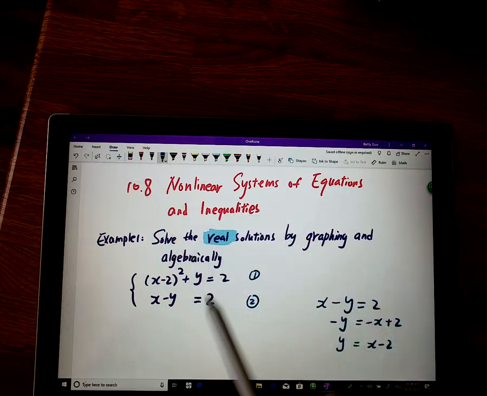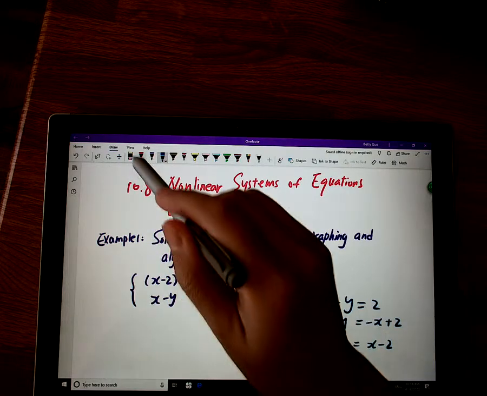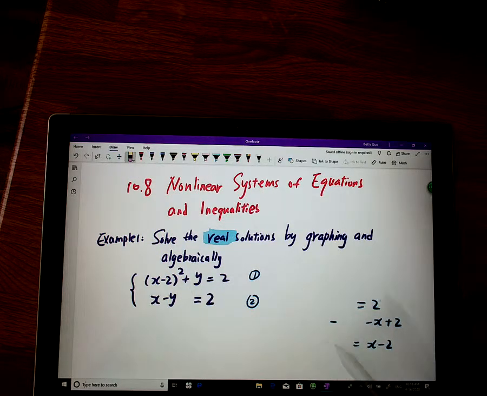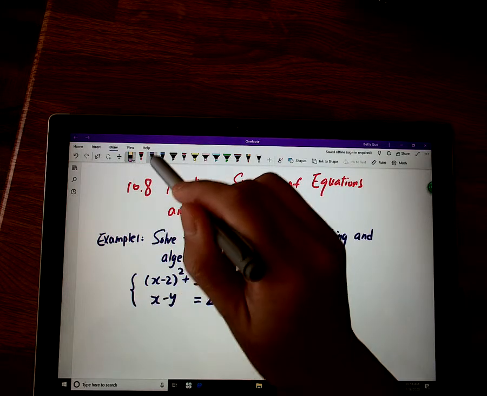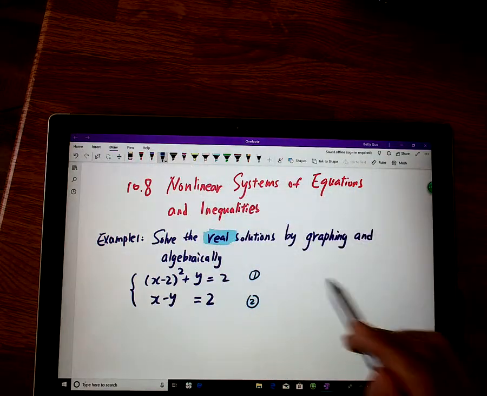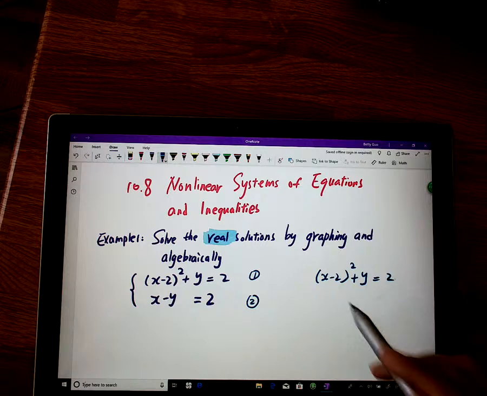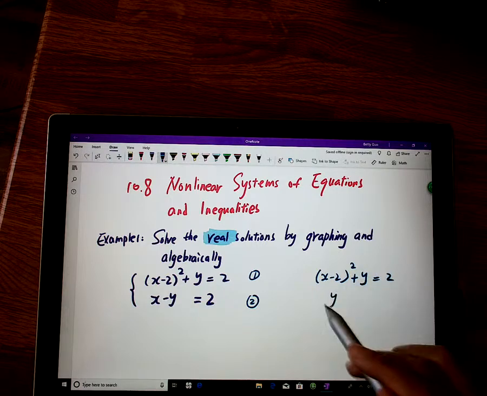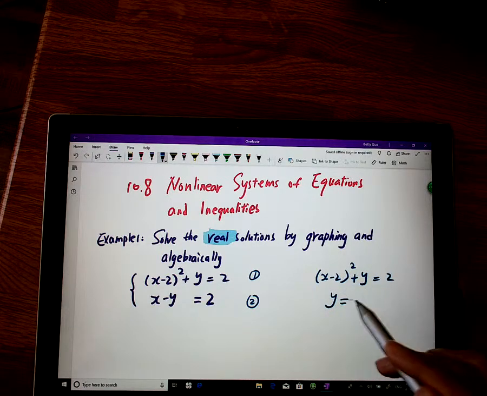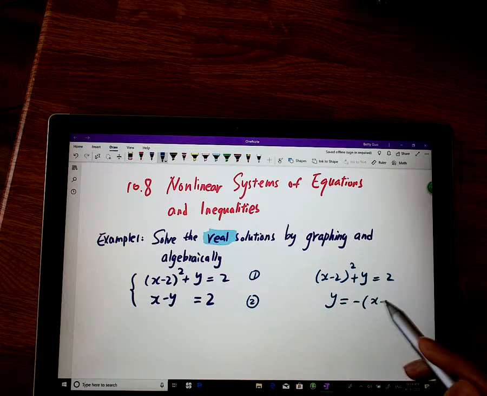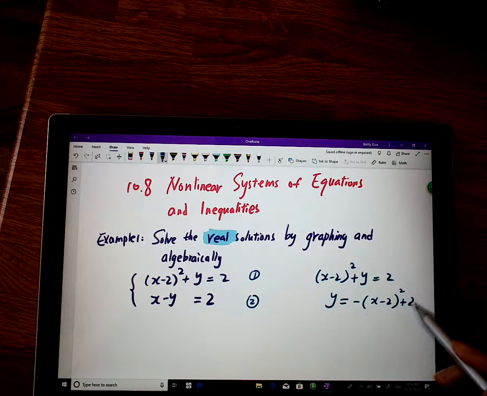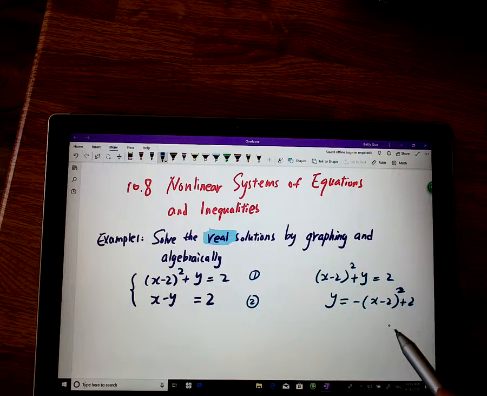However, if we look at equation 1, that's not linear. It is (x minus 2) to the power of 2 plus y equals 2. If we isolate y by itself on the left, we have y equals negative (x minus 2) to the power of 2 plus 2. What is this?